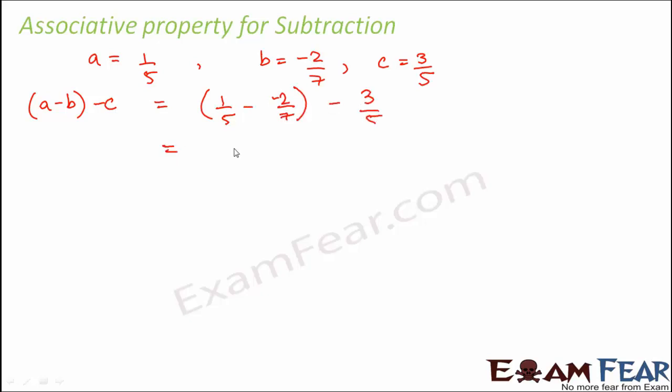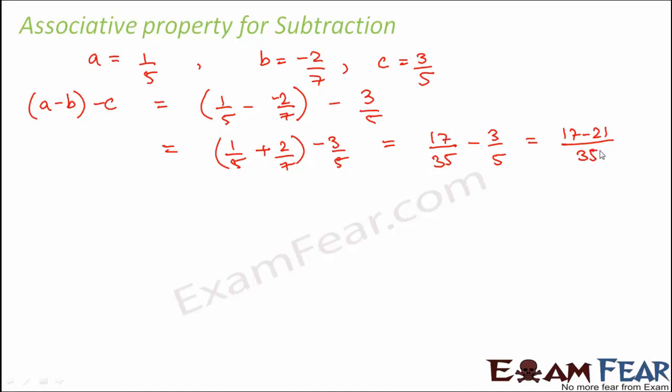This would be equal to 1 by 5 plus 2 by 7 minus 3 by 5. This comes out to be 17 by 35 minus 3 by 5, which is equal to 17 minus 21 divided by 35, and this is equal to minus 4 by 35. So this is the value that we get.